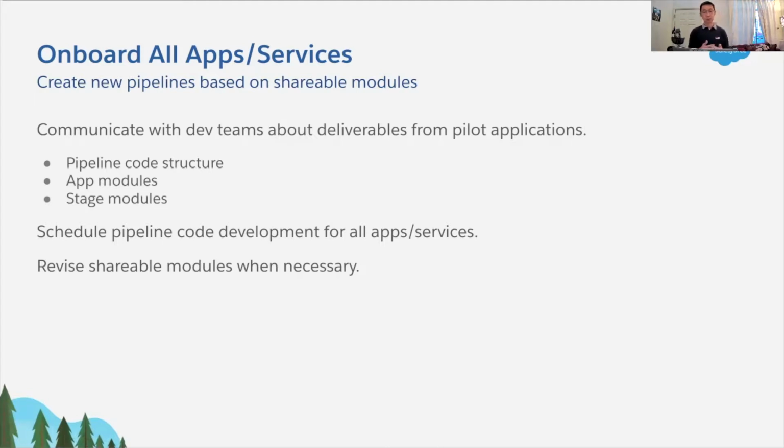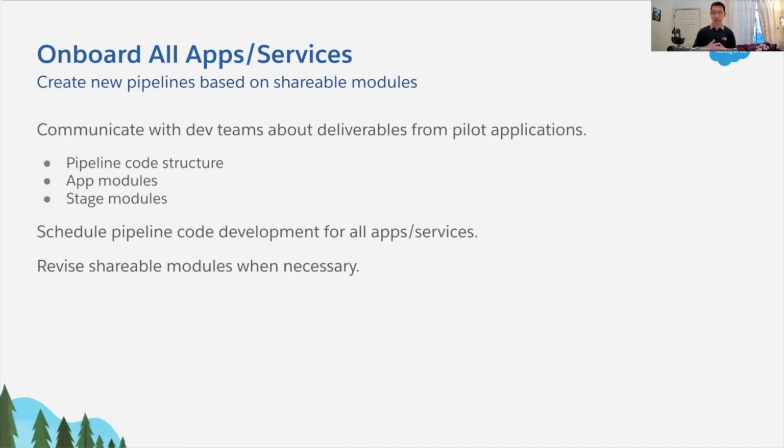Therefore, we can work with all the dev teams to schedule pipeline development for all apps and services. During this experience, we were improving the shareable modules when necessary. One reason is some services may be a little more complex than others, and we need to figure out how to accommodate this complexity.